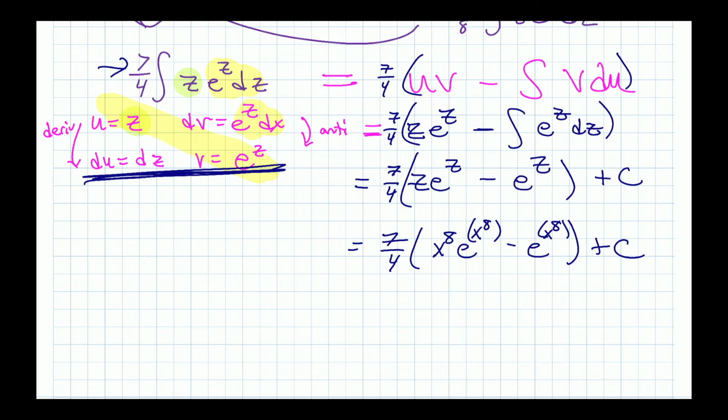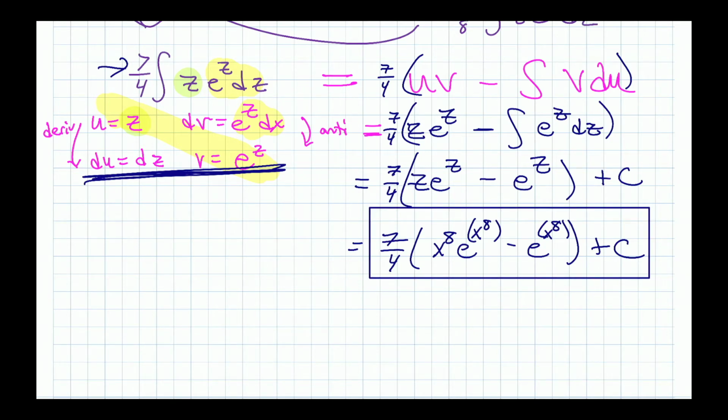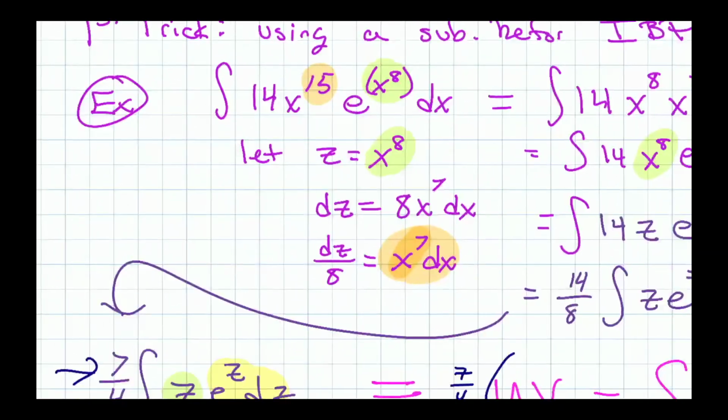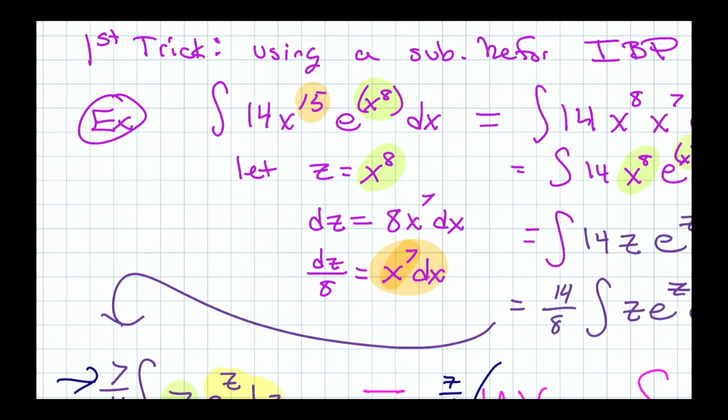Now, the point, right? The point is that you would not have been able to do it without that special algebra that we did. And it wasn't fancy algebra, but you just had to know, you basically had to recognize that if you made this substitution here, that it would just magically work out because the x to the 8th and the x to the 7th somehow added up to that 15 up there.